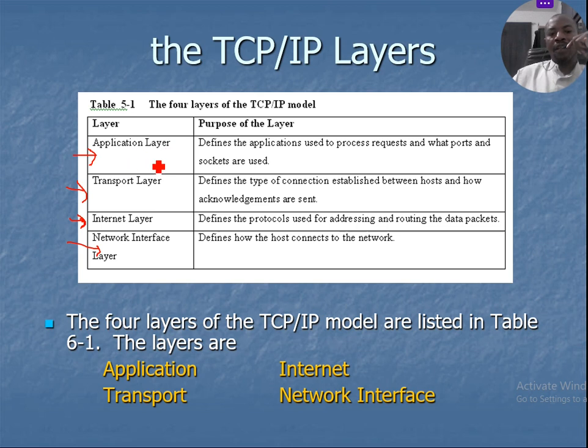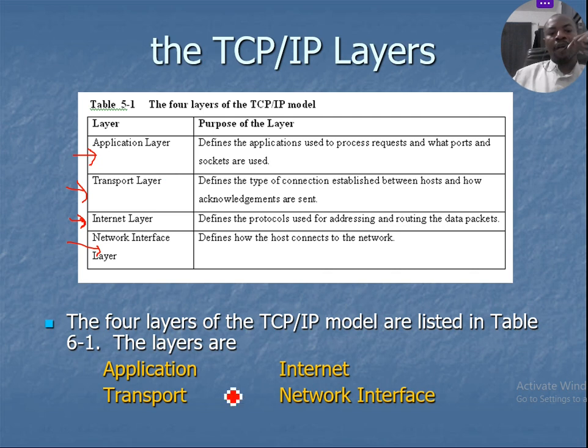So all 3 of them are modeled as only the application layer in TCP IP. It defines the application used to process the request, what ports and sockets are used, like ARP, the address resolution protocol, and so on.